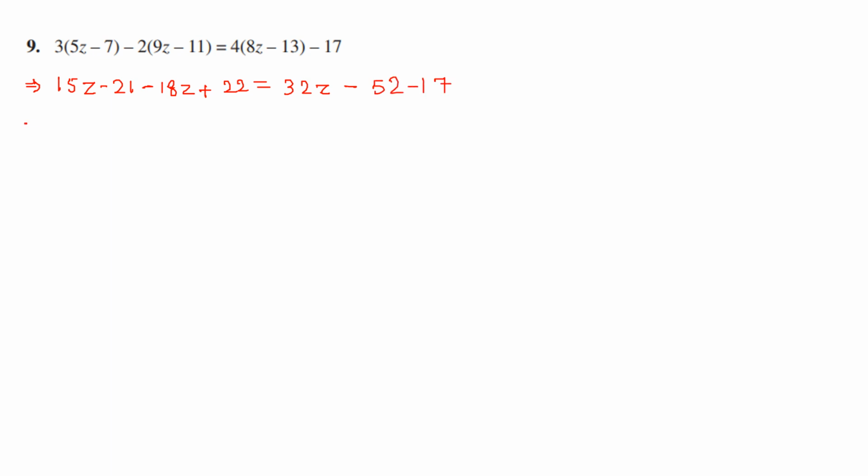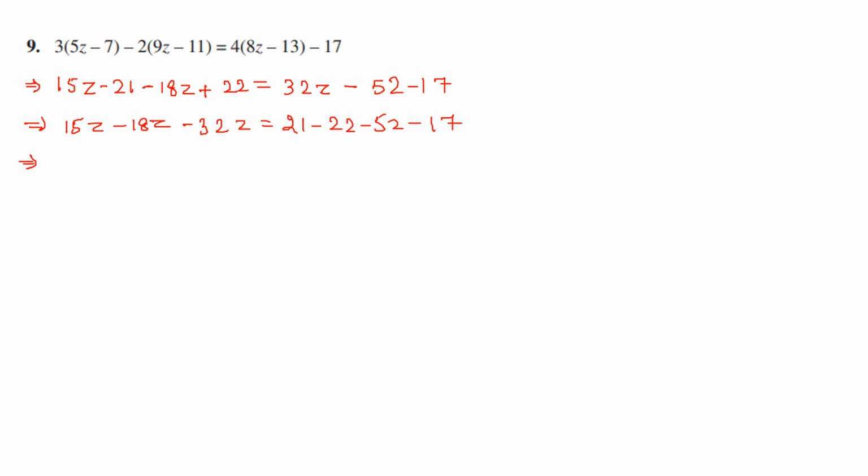Okay. Now again bring all the variable to one side. So it will be 15z minus 18z minus 32z and then constant I am transposing to RHS. So 21 minus 22 minus 52 plus minus 17.